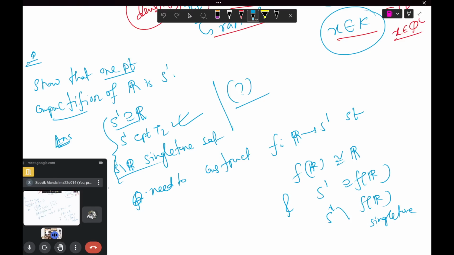So we need to find a function f from R to S1 so that f(R) and R are homeomorphic and S1 contains f(R).